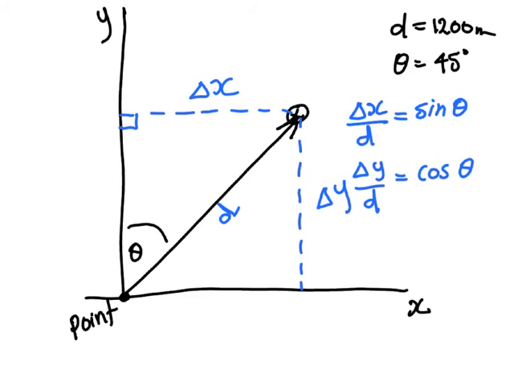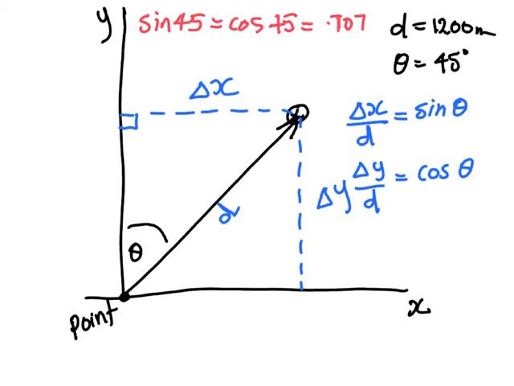In this example, sine 45 and cosine 45 are the same value, so sine 45 equals cosine 45, which equals 0.707 approximately.